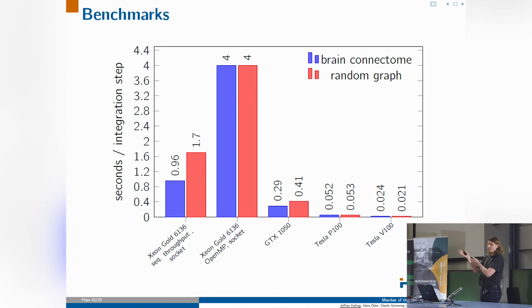We want to average over many runs, so it's legit to do that to load the CPU. But this is a 12-core CPU running 24 simulations at the same time, so it's oversubscribed. It can hide some latencies from the memory accesses because it also suffers from random access. And so we see these times of about 1 second for each update on the brain connectome.